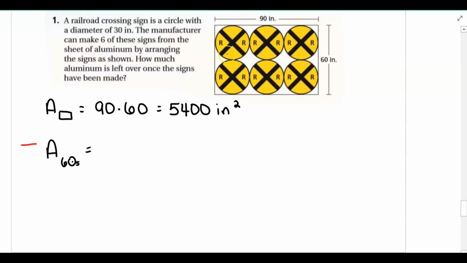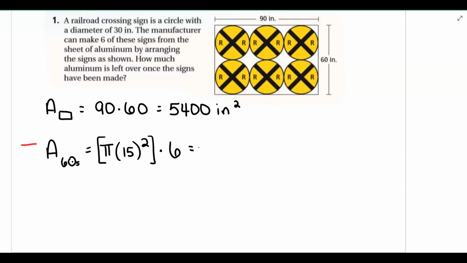If they have diameters of 30 and the area of a circle is pi r squared, that means each one has a radius of 15, correct? And then we're going to take that area and multiply it by 6 because we have 6 circles in total getting cut out of this sheet. So 15 squared is going to give me 225.